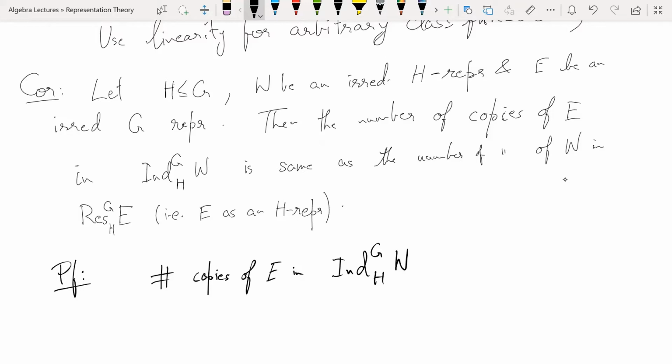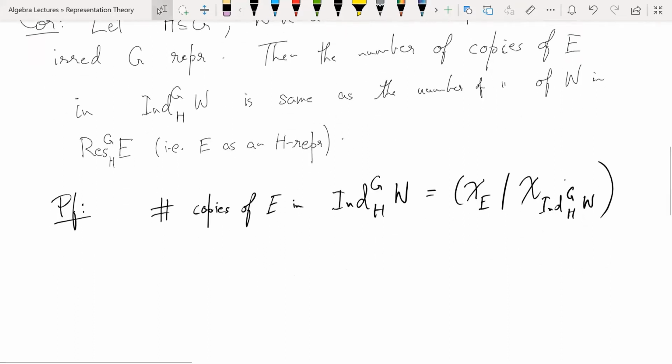In GHW, you can write it as a direct sum of irreducible representations with some multiplicity. Since E is irreducible, if you pair the character of this representation with the character of E, you will get that number. So this is the same as pairing chi E with chi of GHW.